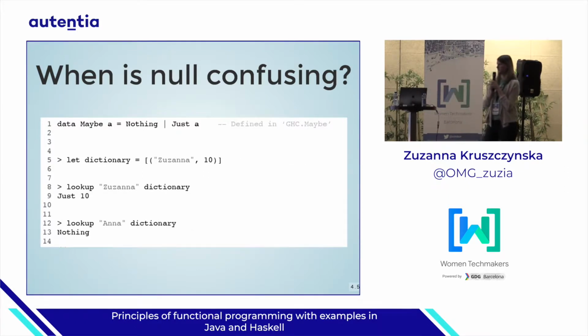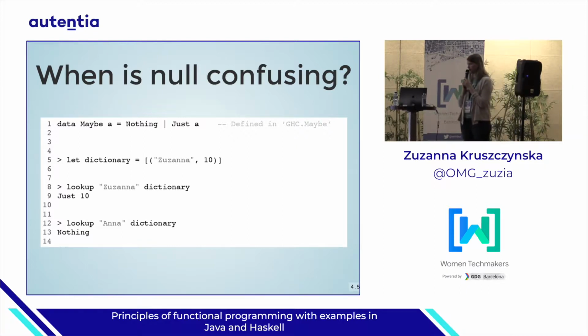So let's use it in this example. Let's say that we have a dictionary, which is a bit like the map that we used in Java, with one entry: my name as a key, and 10 as a value. We use the function called lookup, which is a bit like getByKey. Look up Zuzanna in the dictionary. It also reads like a very nice sentence.